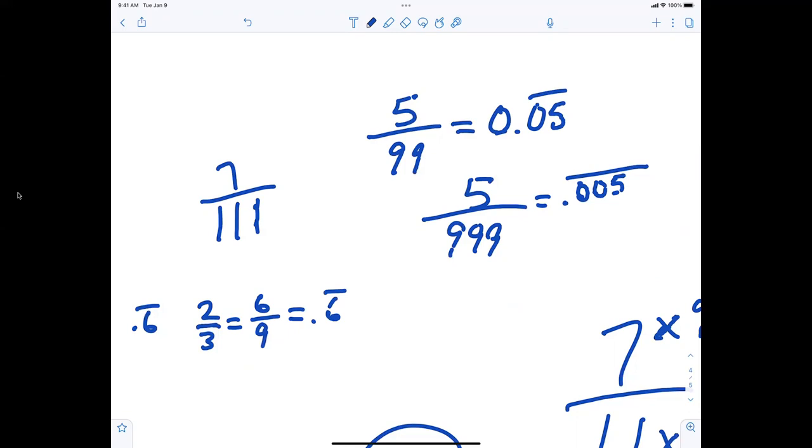So what did you multiply by? I'm asking you a question. What did you multiply by? 9. Right. So if I multiply that by 9, what does that become? 63 over 999. So what's the answer? You're putting the 0 in the wrong place.